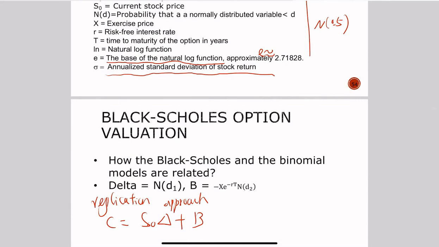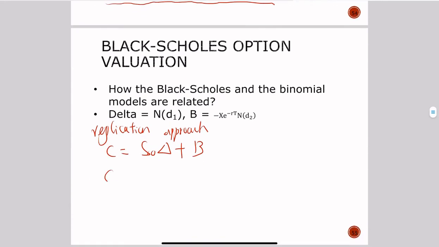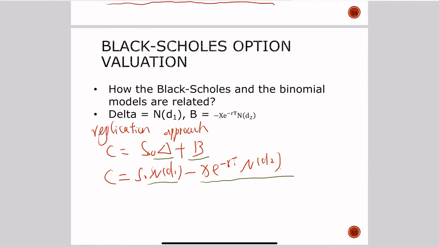It's S0 N(d1) minus X e^(-rT) N(d2). Now you can see their relationship. They essentially have a very similar structure. You can see that delta and N(d1) are the same thing. And B and this term, let me use a different color.